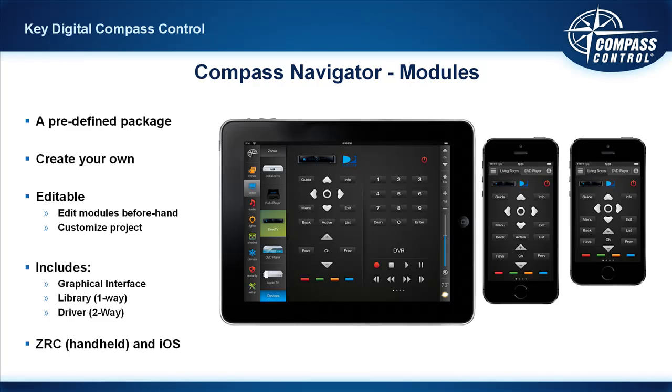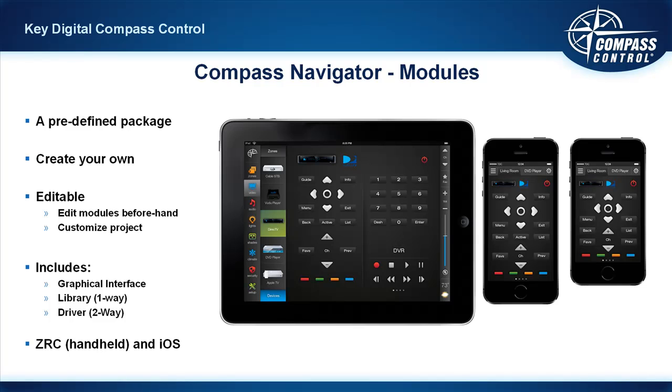Every single button already has the desired and the appropriate function on it, etc. And a module applies to all of the iOS devices. So there's actually 3 aspect ratios. iPad is 1 aspect ratio, iPhone, iPod 4, and iPhone, iPod 5 are the 2nd and 3rd aspect ratios. And then there's yet another type of module, which is ZRC, Zigbee Remote Control, our handheld, okay? And the handheld operates off of basic one-way libraries or off of modules.